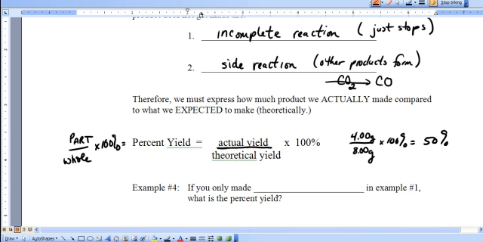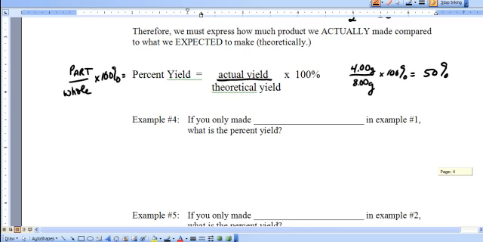So let's go ahead and take a look at a few examples here. Example number 4 says, if you only made 100 grams of the copper(I) sulfide, which is Cu2S, in example number 1, what is the percent yield? Well, as you flip back through, you'll notice that we expected to get 125.2 grams of our copper sulfide.